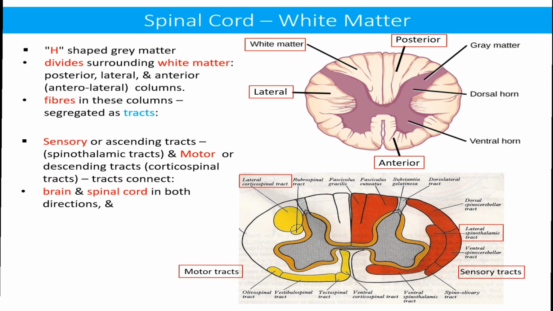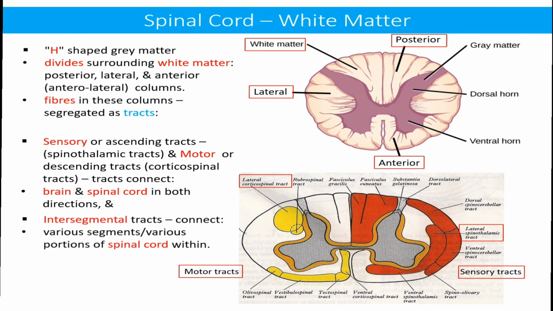There are three types of tracts: sensory or ascending tracts such as the spinothalamic tract, and motor or descending tracts such as the corticospinal tract. These tracts connect the brain and the spinal cord in both directions. Third category is intersegmental tracts, which connect the various segments or various portions of the spinal cord within.